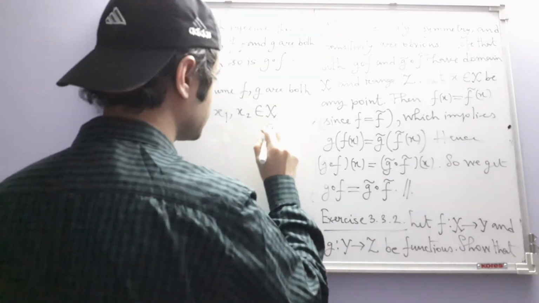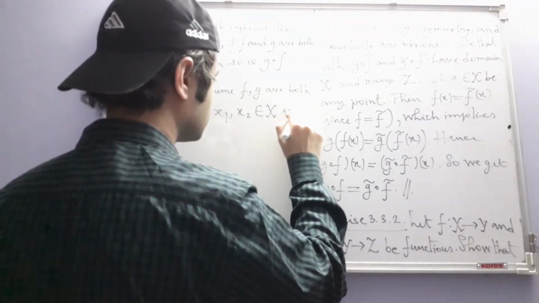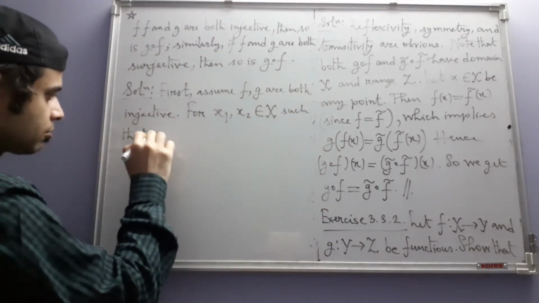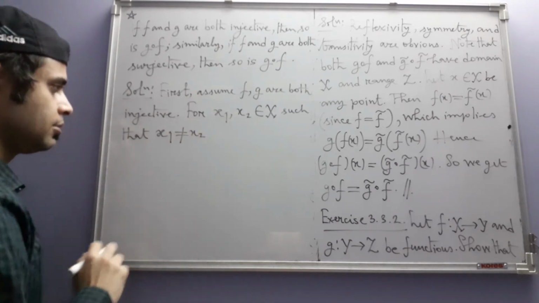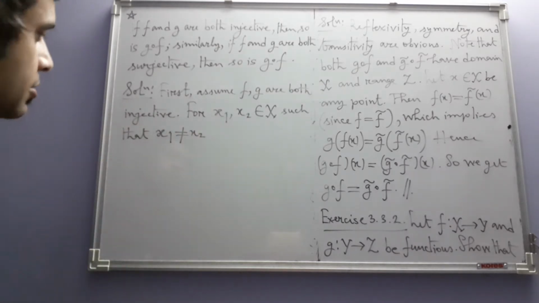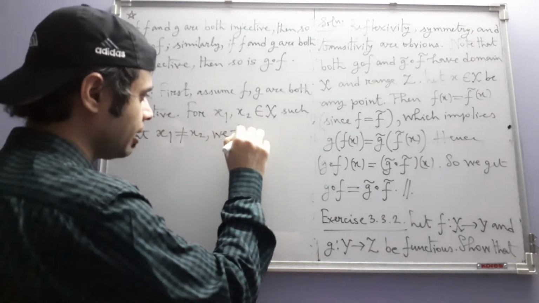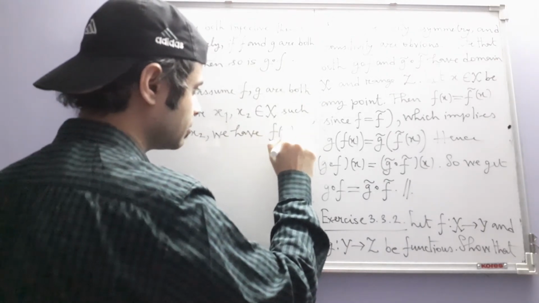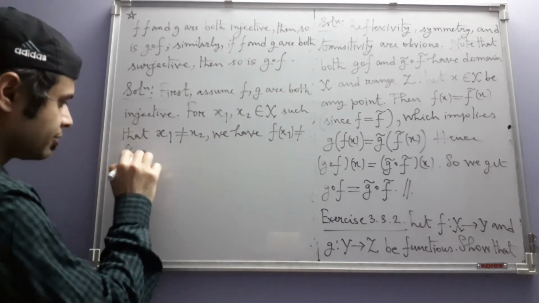For x1 and x2 such that x1 is not equal to x2. That's what distinctness means. We have f(x1) is not equal to f(x2). Why?